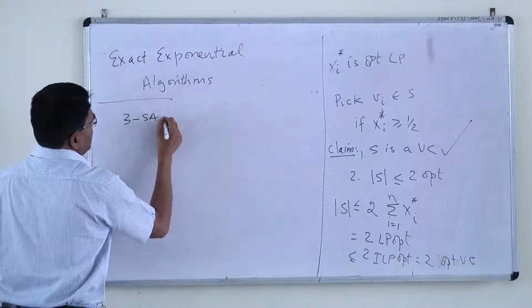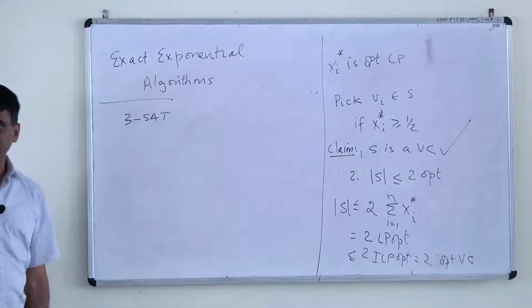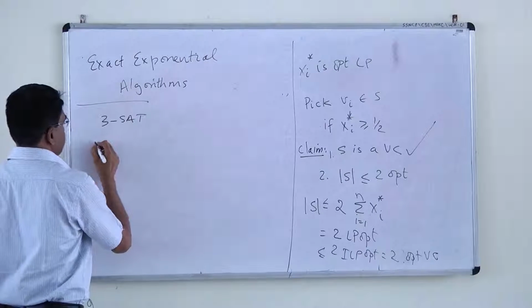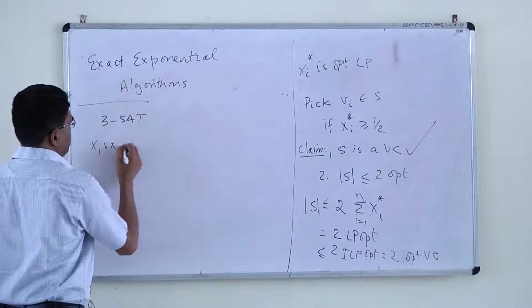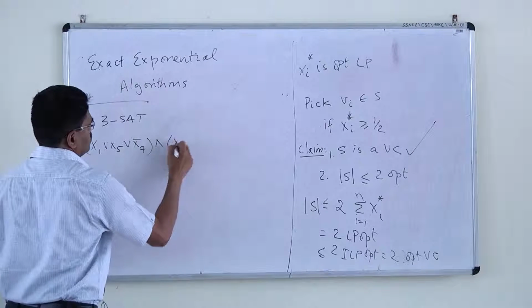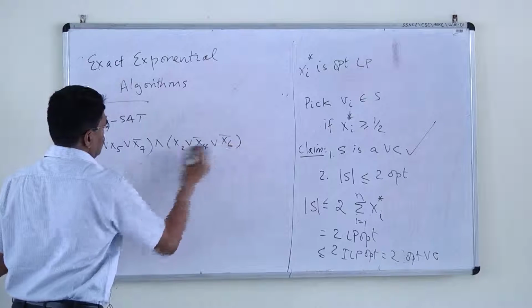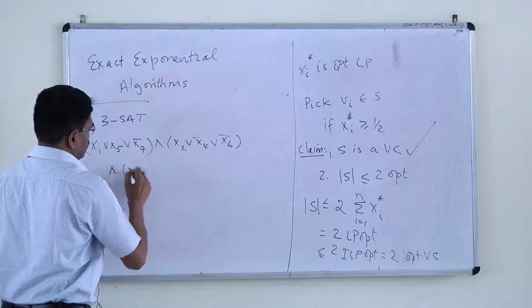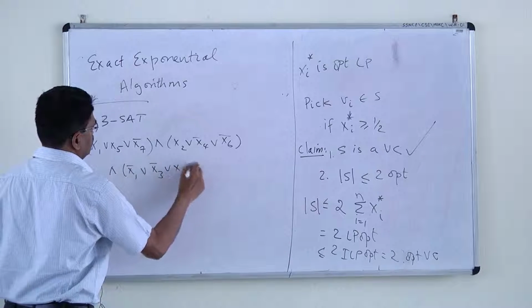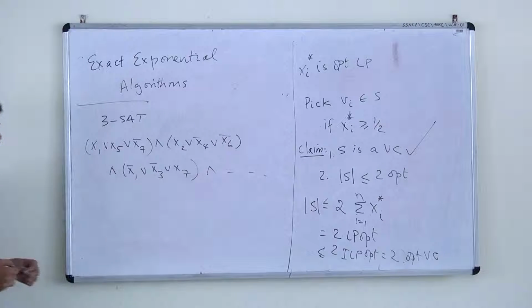Let's look at 3 SAT, a special version of SAT where every clause has exactly 3 variables. And some clauses like this, there are n variables.